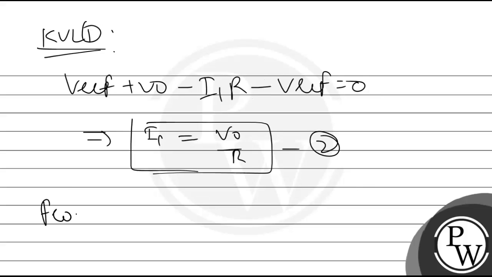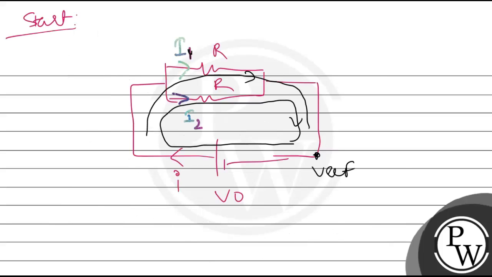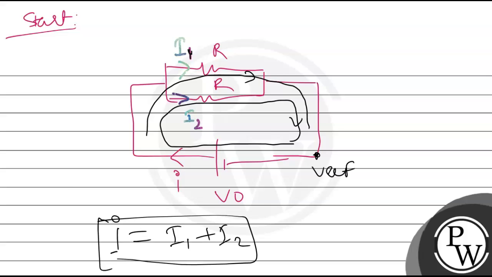From equation number 1 and 2, we see that the value of I1 is equal to I2, which is equal to V naught upon R. And from the circuit we can easily see that the value of I is equal to I1 plus I2, because the current I is divided into these two branches.